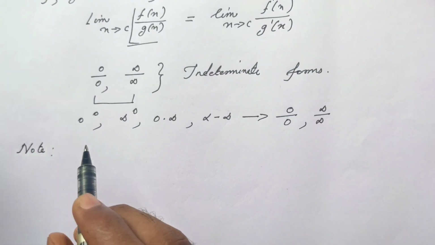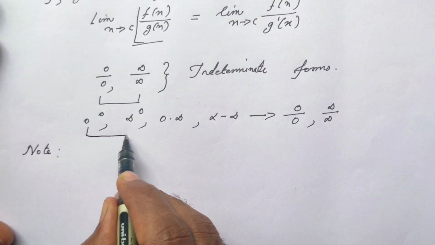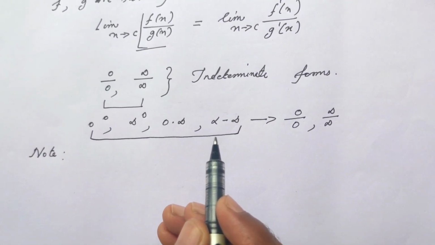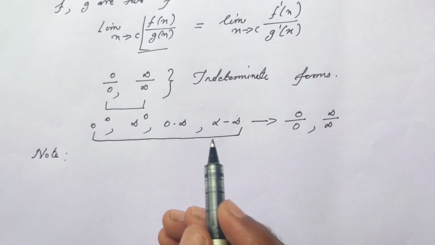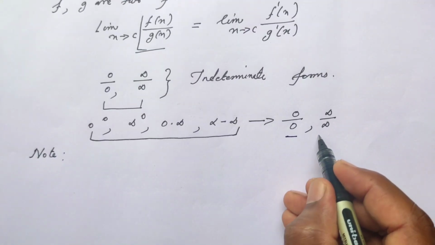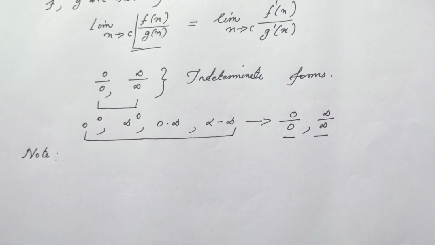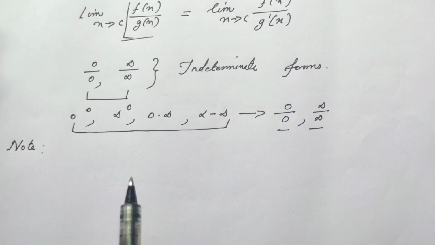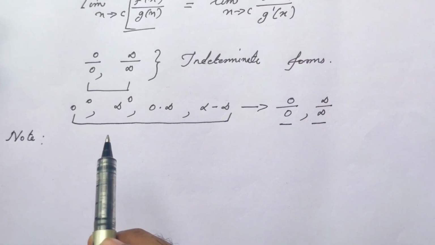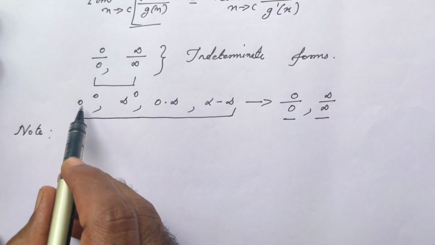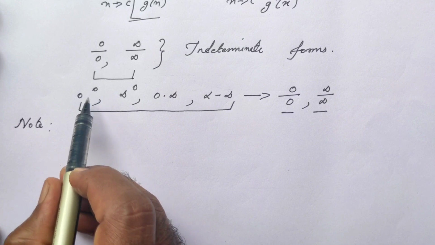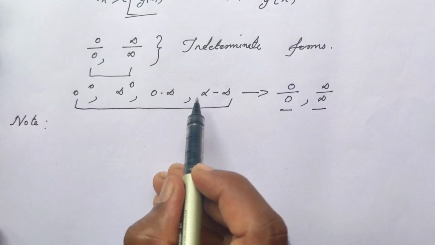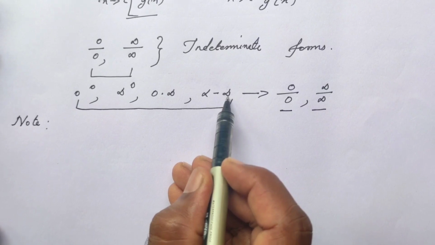So the basic idea to remember is these indeterminate forms can often be algebraically transformed into 0 by 0 or infinity by infinity form to apply L'Hospital rule.